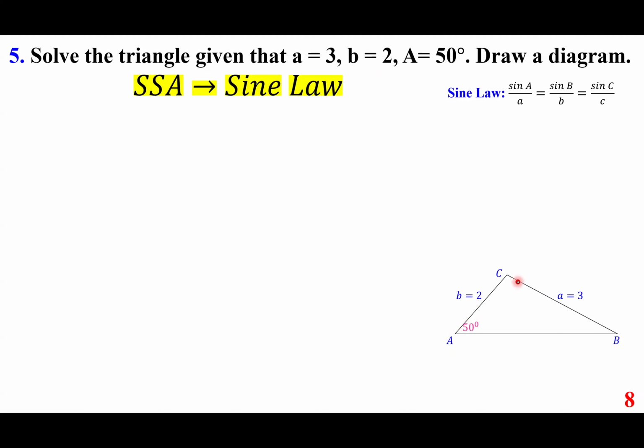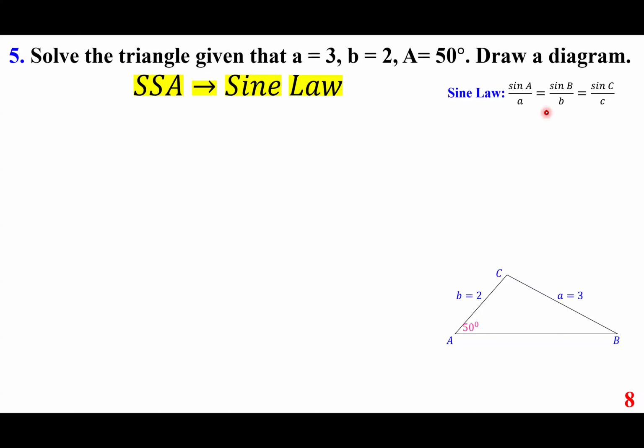This is B, this is C, and remember, the larger side is opposite the larger angle. It should be like that. In case you make a mistake with your drawing, you can adjust it at the end when you come up with the numbers and the answers.